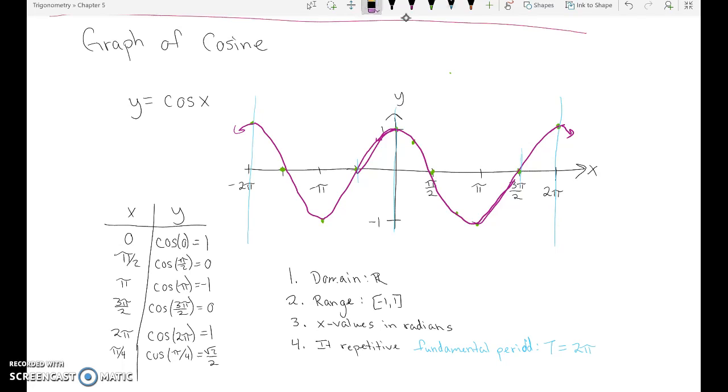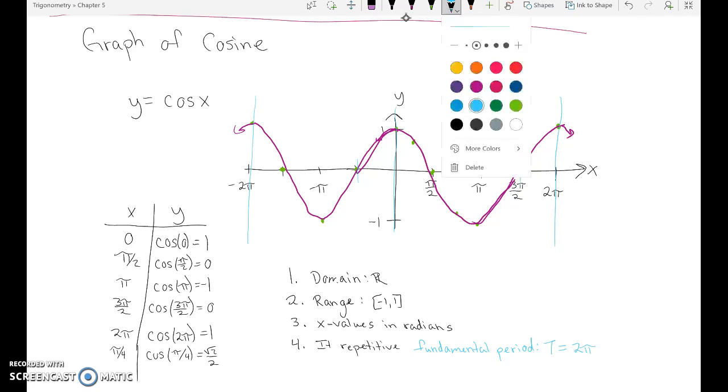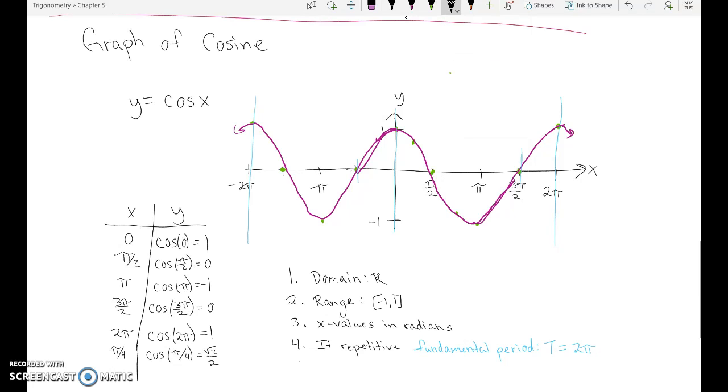All right, so that is the cosine graph. Oh, I forgot there's 2 more points. Okay, so my next point is that my function is even. It's an even function.